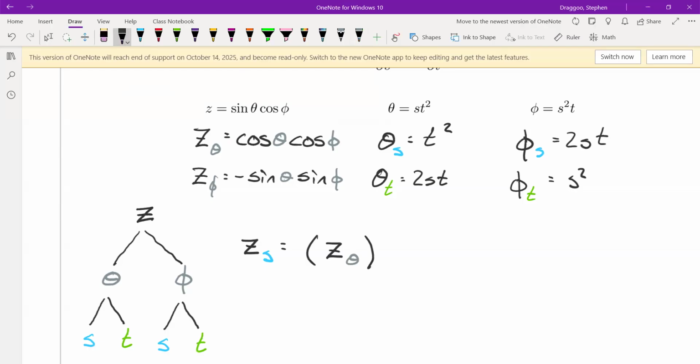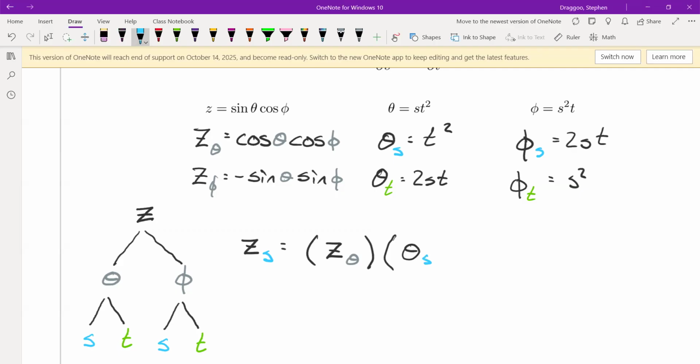Right? Because anytime I want to take a derivative of z, at least without substituting a whole bunch of stuff in over there, I will need to take z's partial derivatives with respect to theta and phi. I know if I want any derivative of z, I need to start there. I need derivatives of sine theta, and I need derivatives of cosine phi. But they're partial derivatives, so I'll keep them separated.